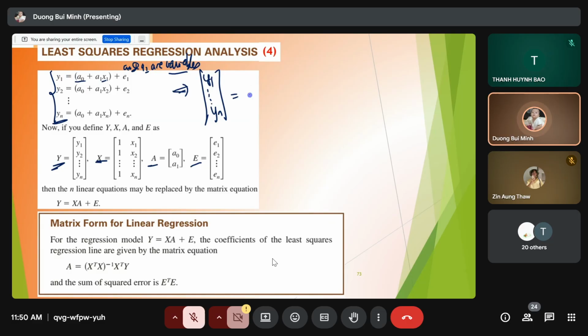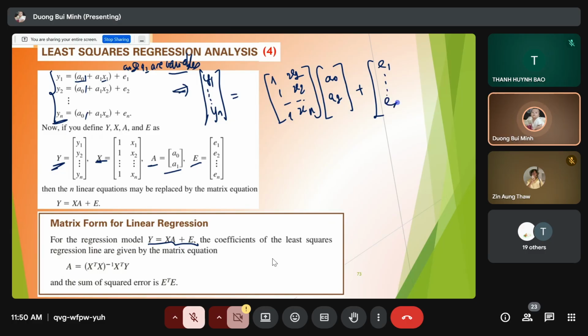So here I have a matrix with rows 1, x1; 1, x2; up to 1, xn, times a, which is a0 and a1, plus e1 up to en.